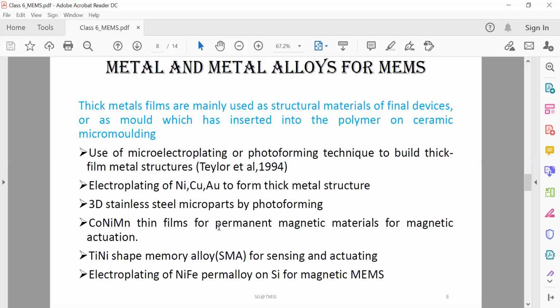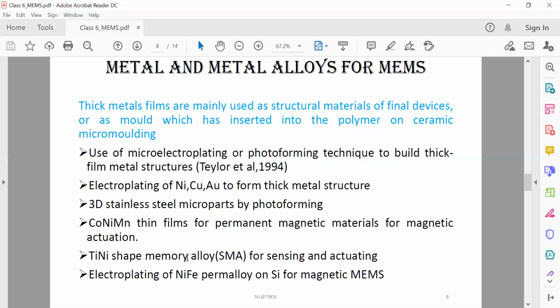Titanium and nickel are used for shape memory applications. This has tremendous application in MEMS and microsystems and different actuators. It is also used sometimes for sensing and actuating applications, and is known as shape memory alloy, SMA.